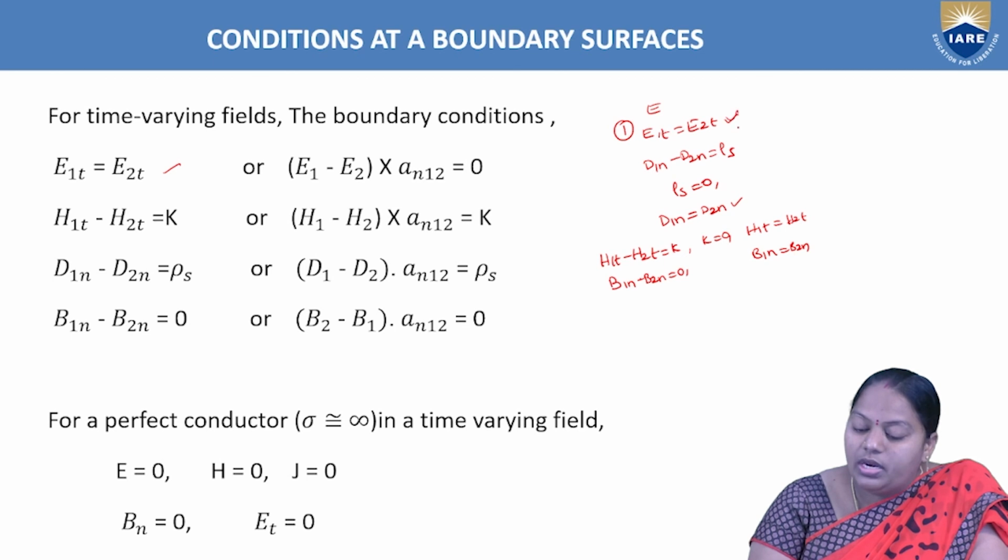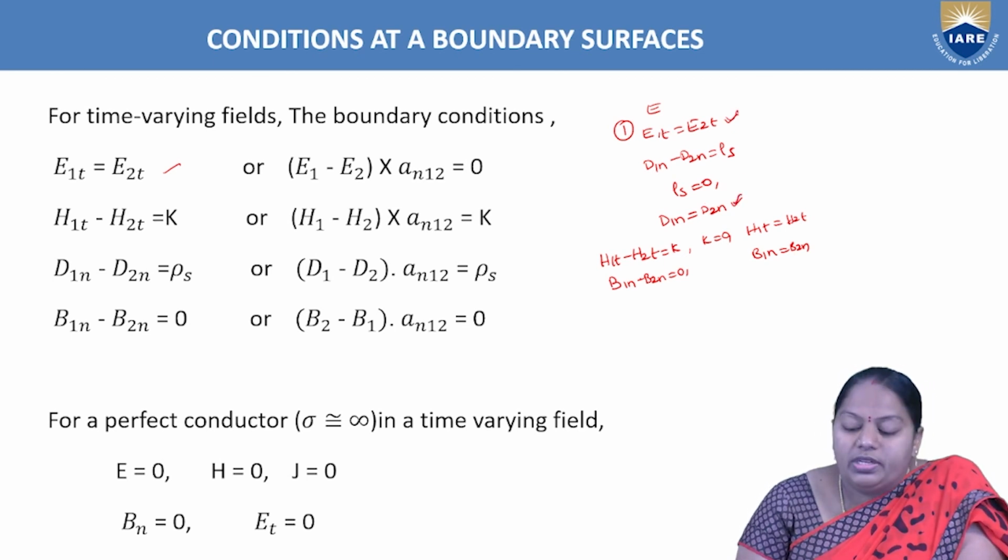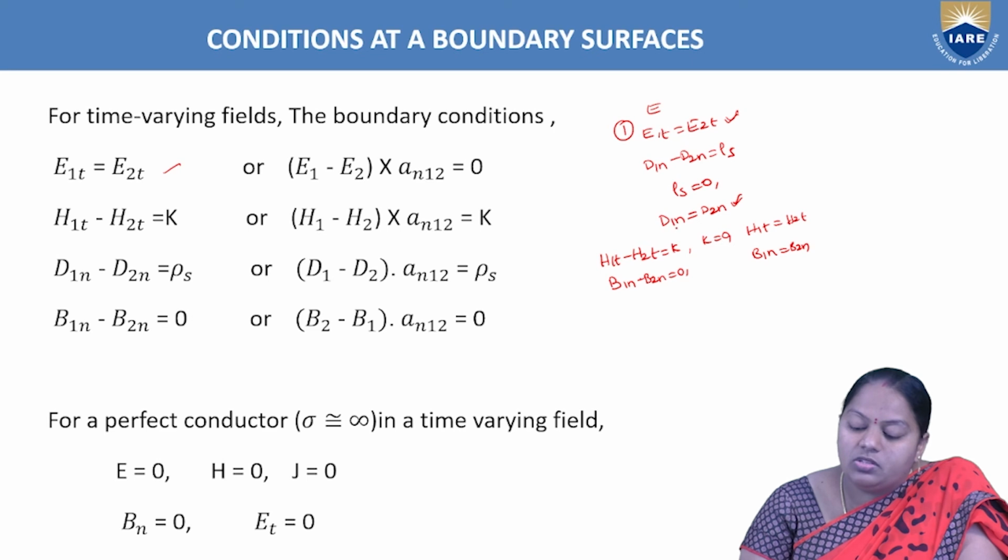So from these two relations, the tangential components of electric fields E1 and E2 are continuous across the boundary, and the normal components of electric flux densities of mediums 1 and 2 are continuous across the boundary.